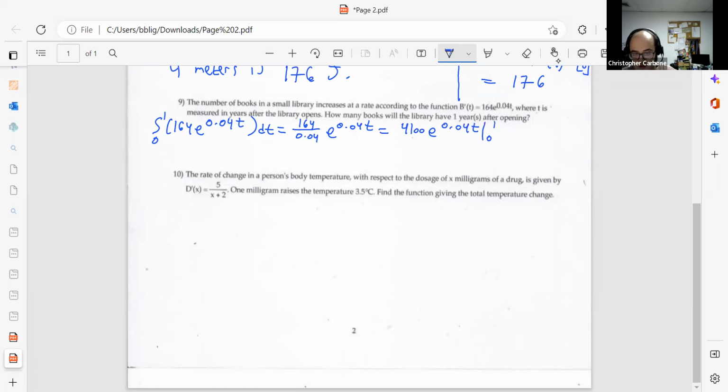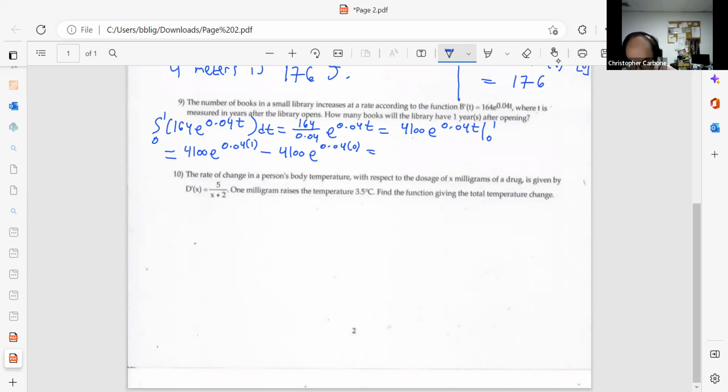Evaluate between 0 and 1. So that becomes 4,100 times e to the 0.04 times 1 power minus 4,100 times e to the 0.04 times 0.